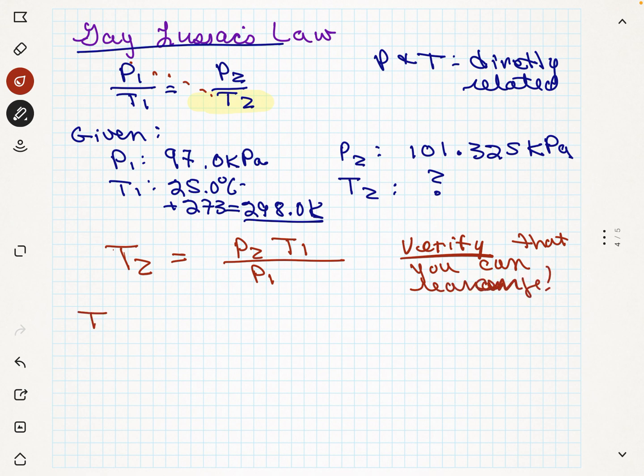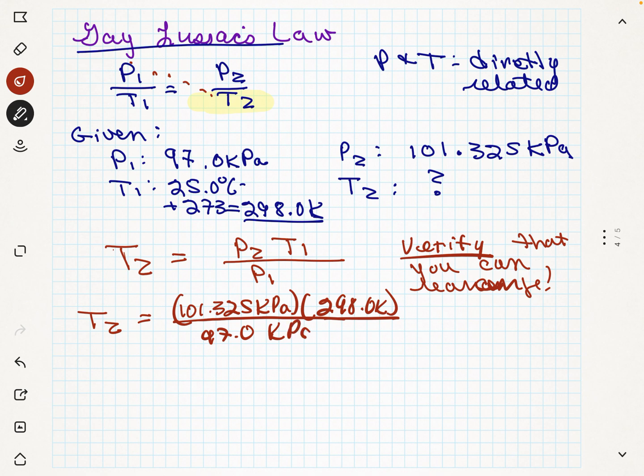Okay, now we're going to sub and solve. T2 will equal P2, which was 101.325 kilopascals, times 298.0 Kelvin, divided by 97.0 kilopascals. 101.3 times 298.